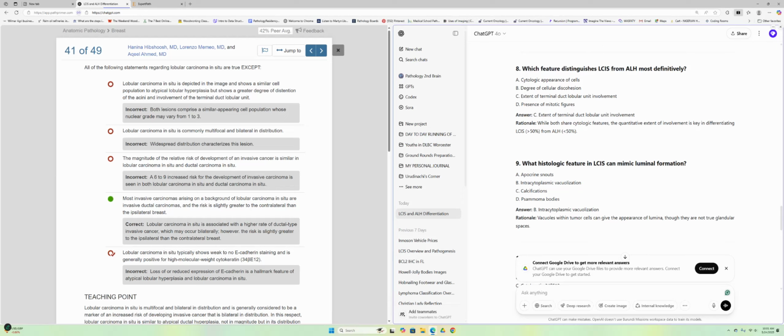I don't really agree with this, because some of the pictures they show us have the whole terminal ductal lobular unit involved, but they are not distended. So I'm not so sure about this. I would say it's extent of involvement. I would say distension is my main go-to.